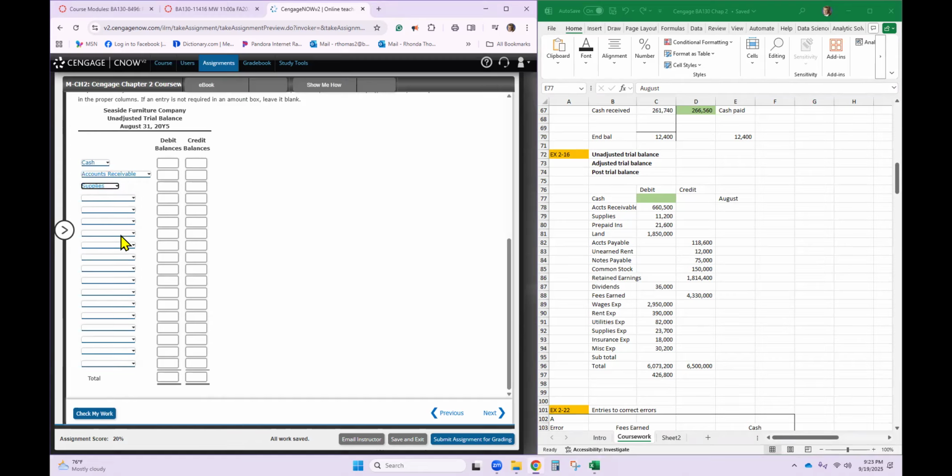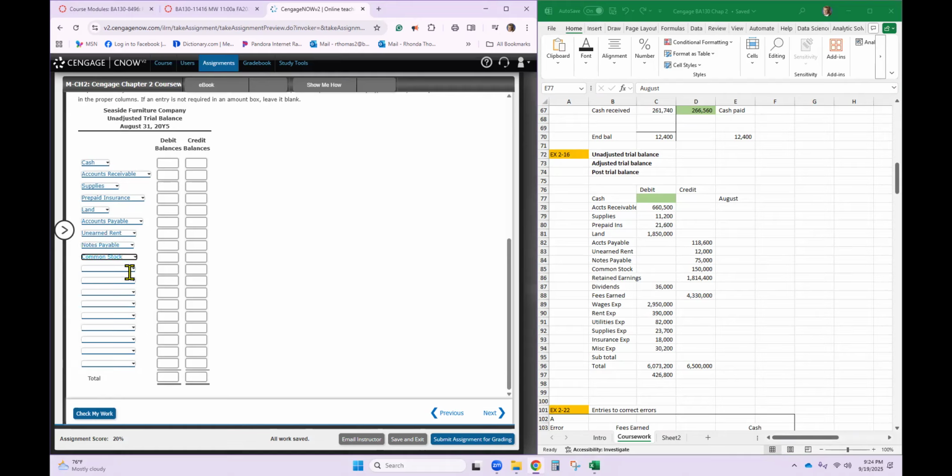The next ones are supplies and prepaid insurance. I've got them over here, so I'm going to have to scroll up and down. The next one is land. That is the five assets that we have. Then accounts payable, unearned revenue. Remember, unearned revenue is a liability. I'm sorry, unearned rent. And then our third liability is notes payable.